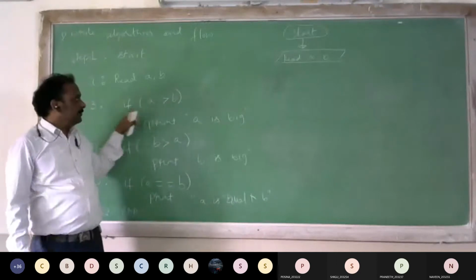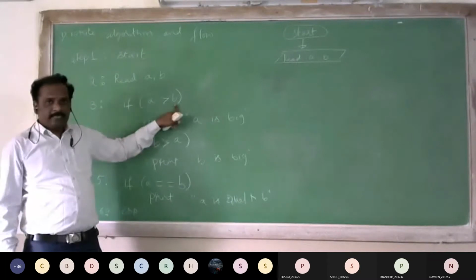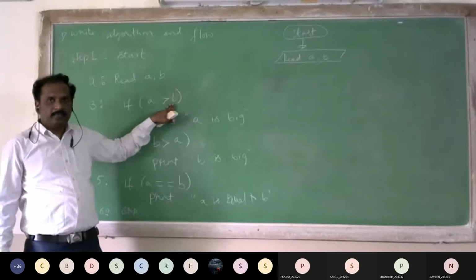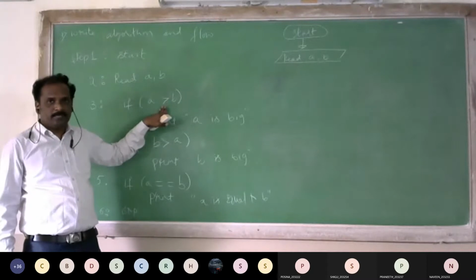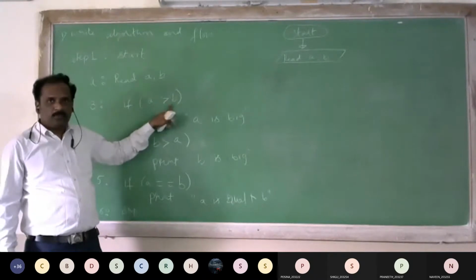What is this? If A greater than B. Is it true or false? So here we have to use a decision symbol because it is having two values. Either this condition might be true or this condition might be false.